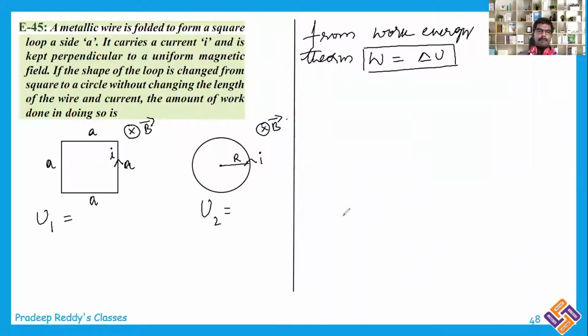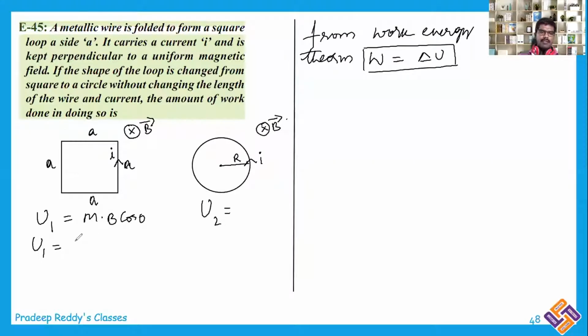Now U1 is equal to m dot B, which is cos 0, because the plane and magnetic field are perpendicular, so the area vector is parallel to the magnetic field. Therefore the angle is 0, cos 0. The magnetic moment m is equal to N I A, and there is only one loop.